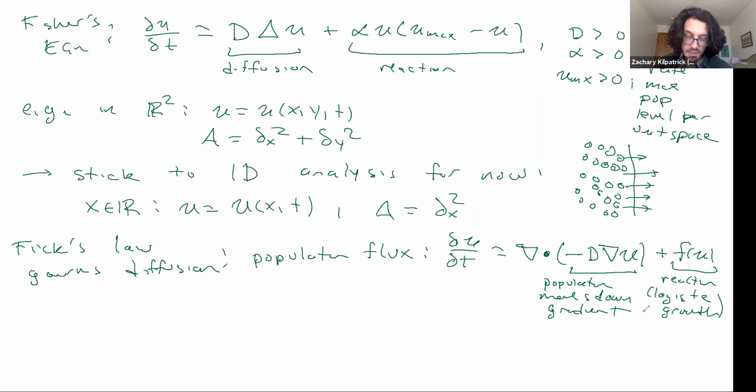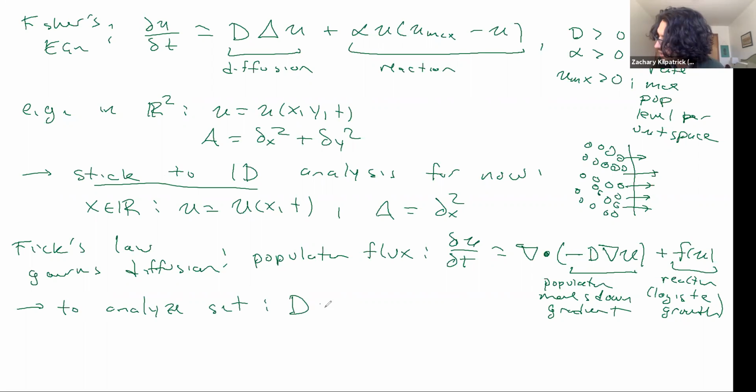Okay. All right. So sort of setting everything up, if we look in 1D, and for now, just to get all of these things out of the way, we set our diffusion, our growth rate, and our maximal population to 1, okay?